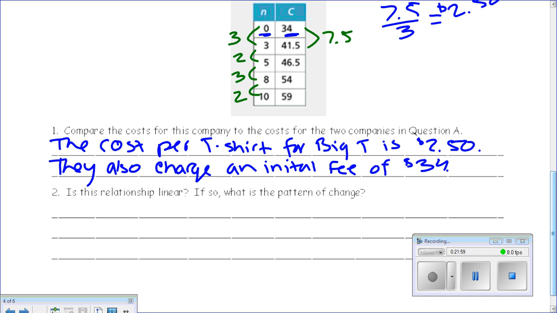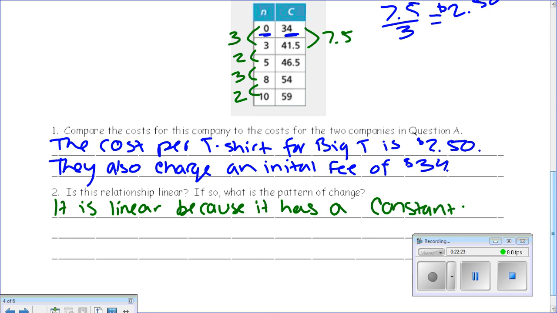So if we can determine the constant rate, is it linear? Exactly. So this one is linear, because it has a constant rate at $2.50.